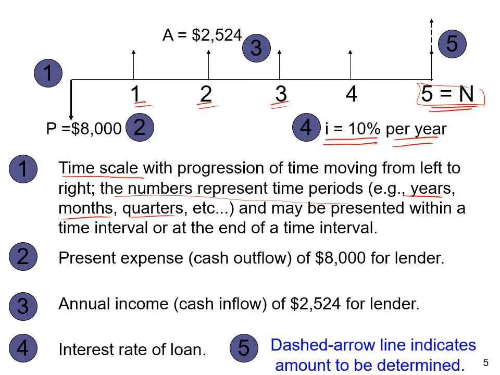This value over here is the present value, and as you can see, it's a downward arrow, which means that we made this payment, so the money is reduced from our pocket. It's an expense for us, and it's a cash outflow. We will say it's an outflow, and when it's an outflow, we will represent it with a downward arrow. So we are now the lender. Okay. And for 5 years, we will receive an equal amount of money.